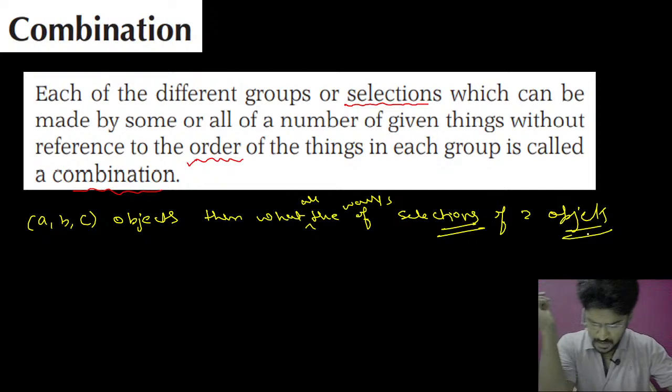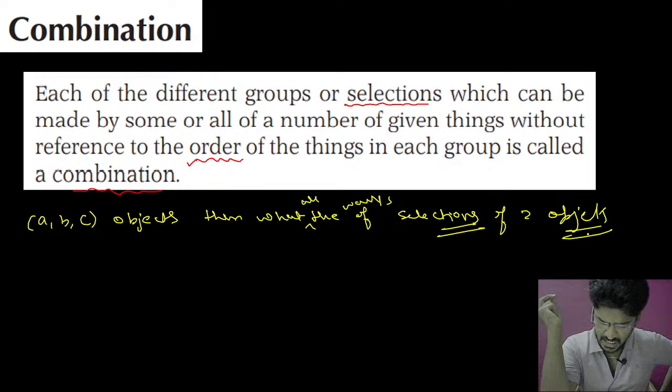Okay, so quickly tell me. So Sneha is telling that AB, BC, AC, AA, BB, CC.